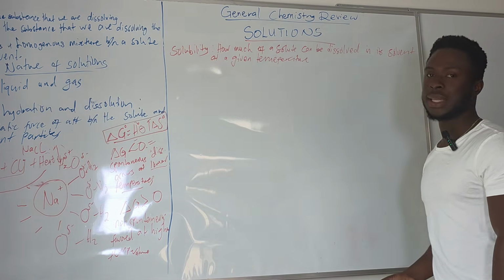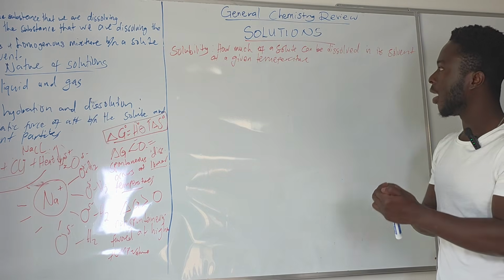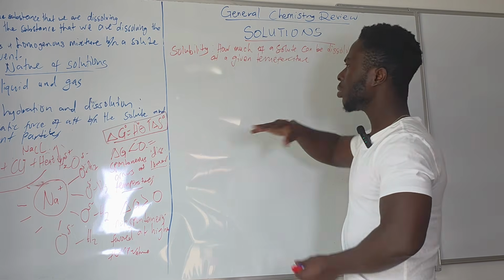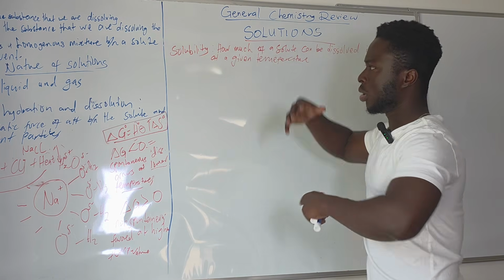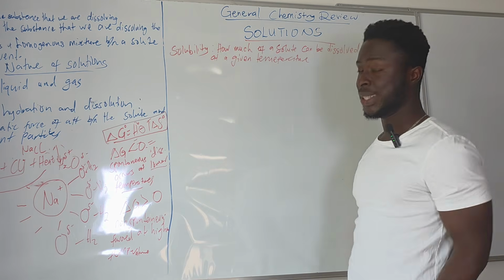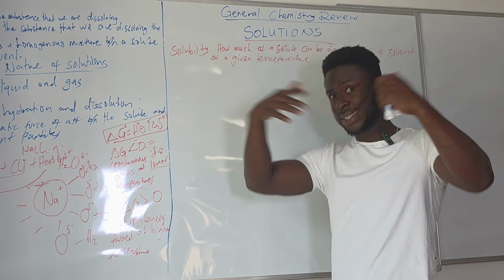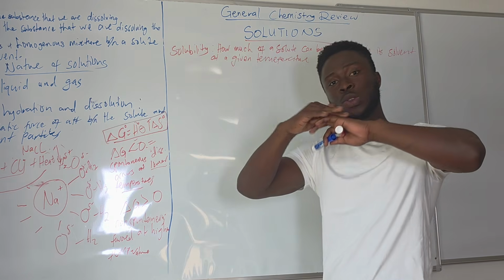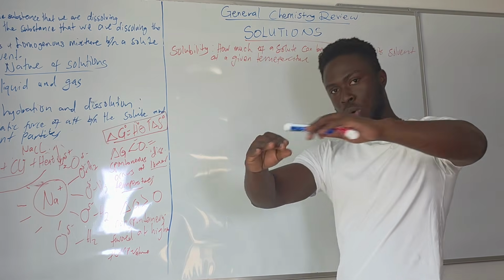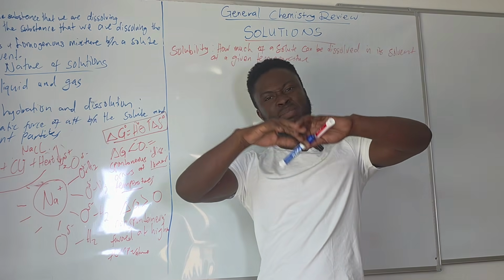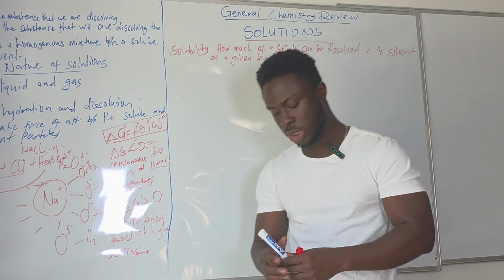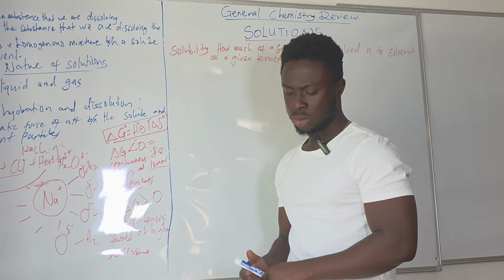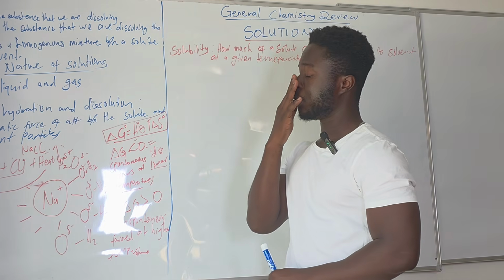So basically, when we have a solution, the solvent has a specific solubility. That means it can dissolve a certain amount of solute. And once it has dissolved its maximum amount of solute, we call that point... Oh, why is the name escaping me?